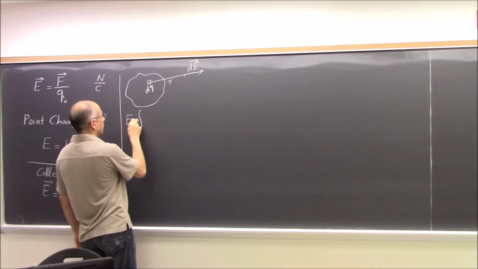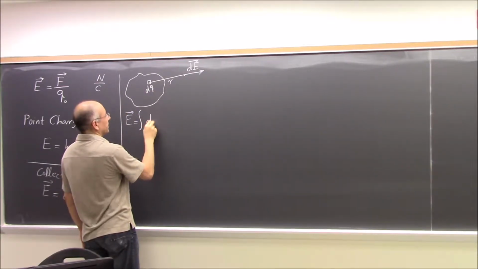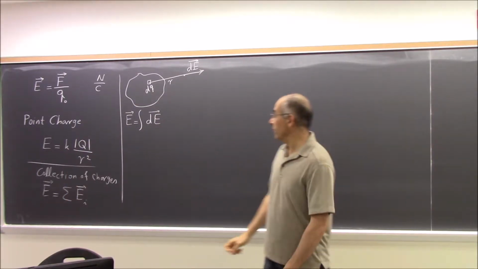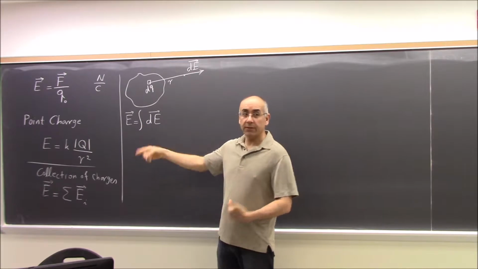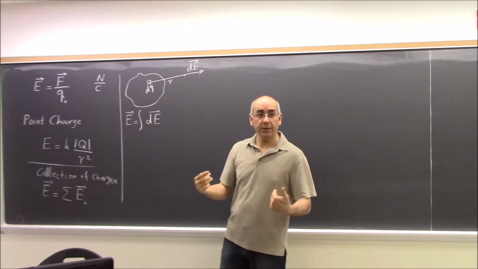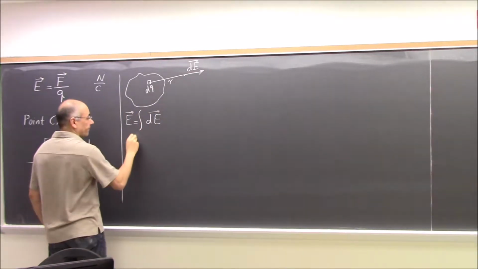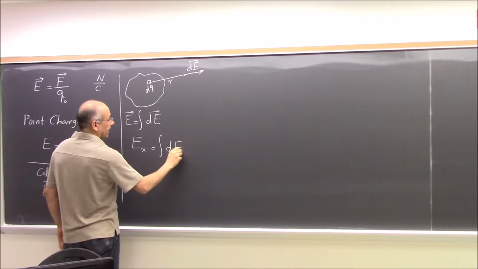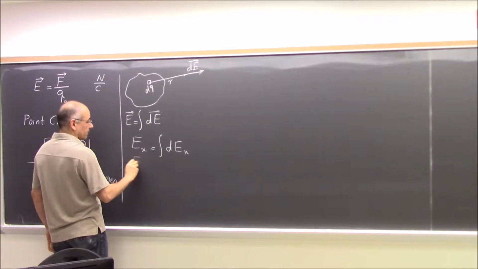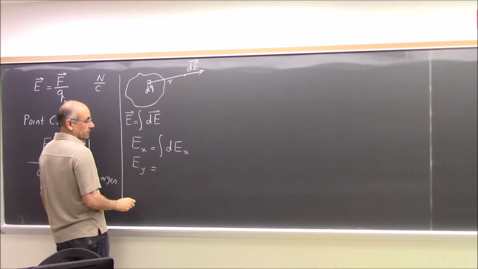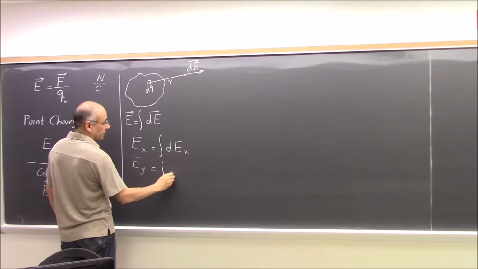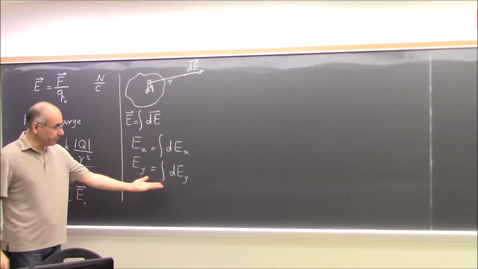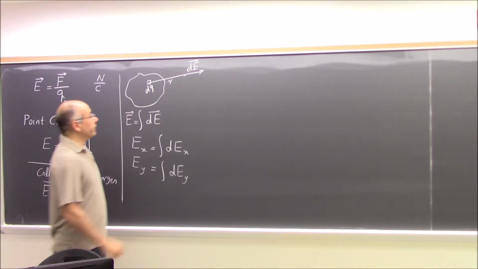E is the integral of dE, which, because it is a vector integral, you have to split into x component and y component separately, and then write E total x equals the integral of dEx, and the total y component is the integral of dEy, because of vector summation. If you have a z component, again, the same story.